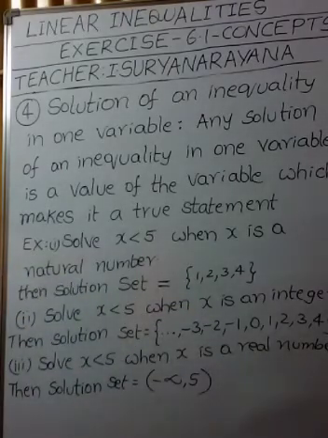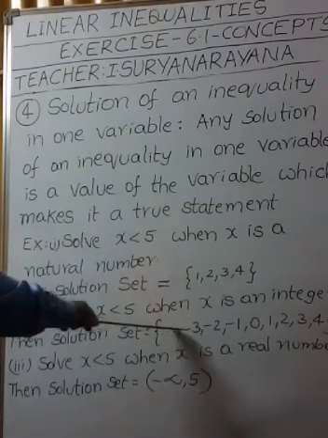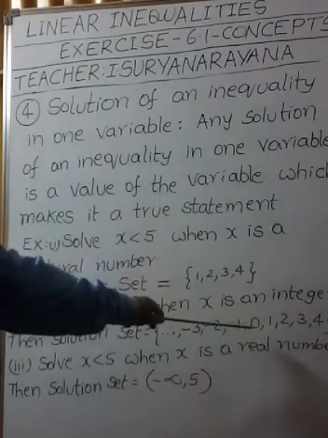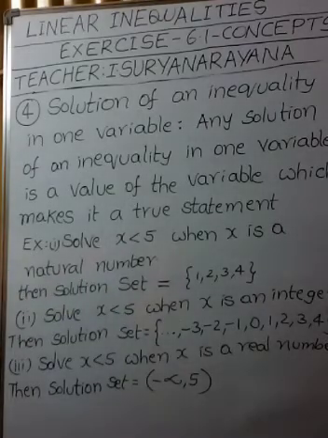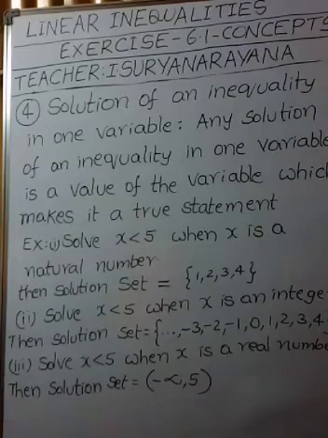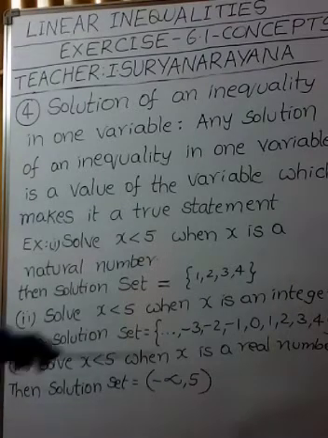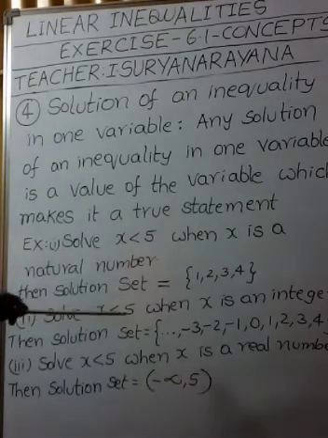In this case, the solution set is and so on, -3, -2, -1, 0, 1, 2, 3, 4. All these values make this inequality a true statement or not? Yes. All these values make this inequality a true statement.